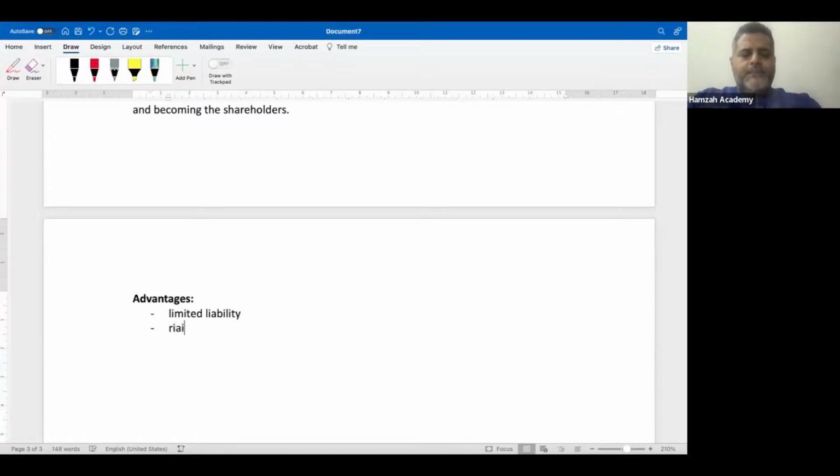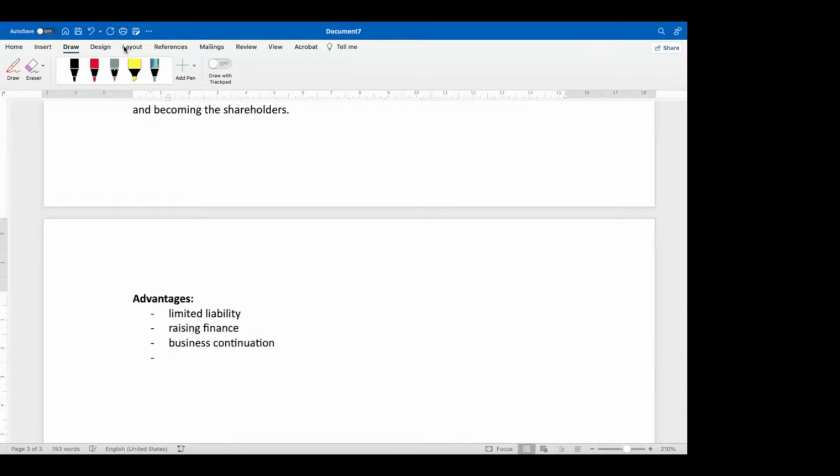Raising finance is relatively easy and easier over here in the company, right? And then obviously the business continuation is going to be insured over here as well. Why? Because you have the managers, you have the directors who are working, and everybody is an expert in their field.